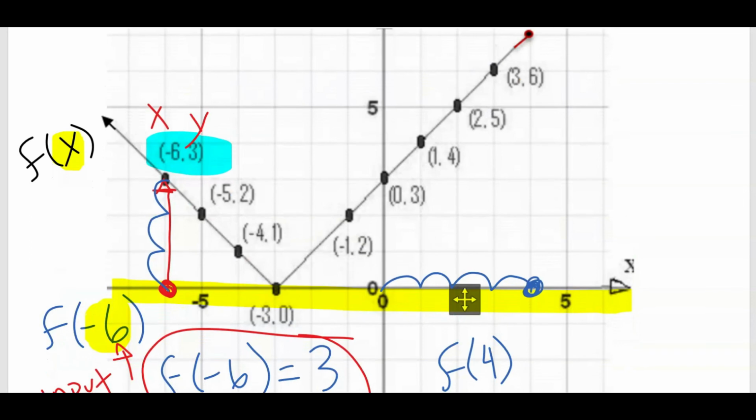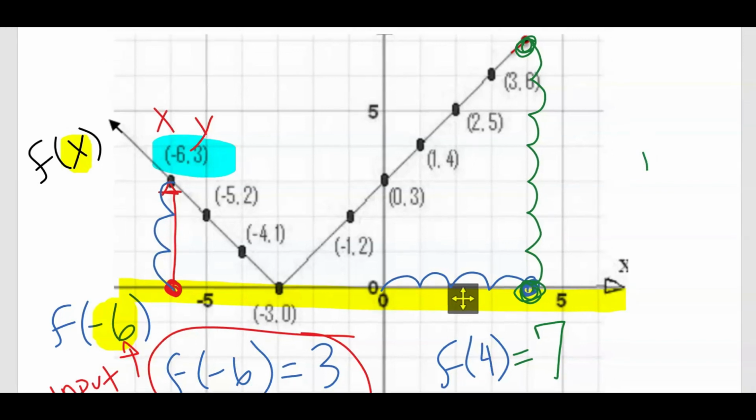And if I were to go up from there, I would figure out how high up I have to go before I hit that graph. 1, 2, 3, 4, 5, 6, 7. So when x equals 4, I hit the graph, the output of y equals 7. That's the range value. So when I plugged in a 4, I just find 4 on the x-axis, and I'll go up or down wherever that graph happens to be. In this case, I had to go up 7 to hit that graph. So that's one way that they're going to show it.